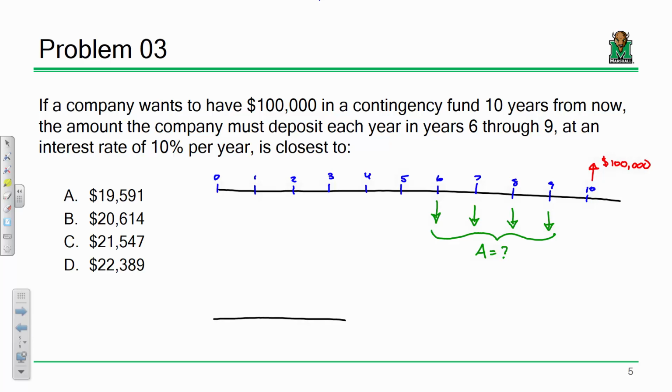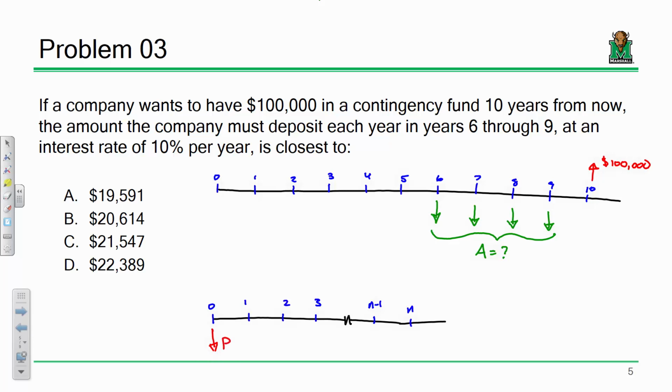All right, so let's say I have a generic cash flow diagram. Okay, so here's a generic cash flow diagram. We treat present values to be in year 0.